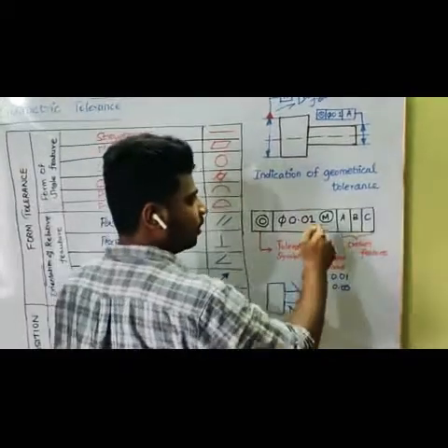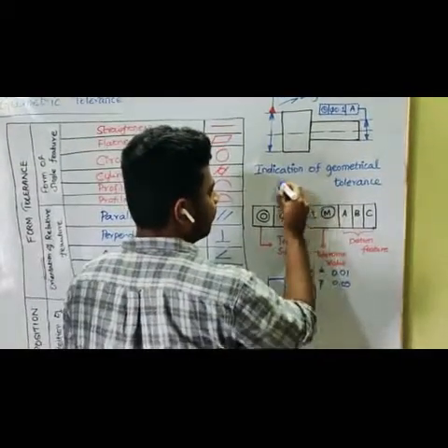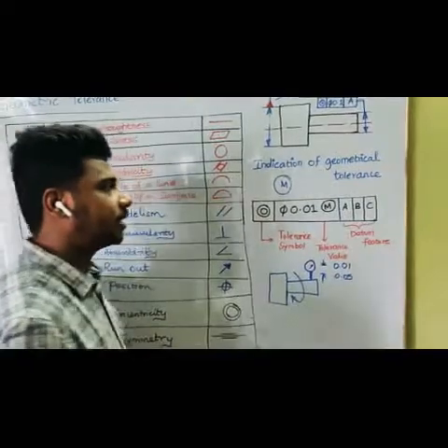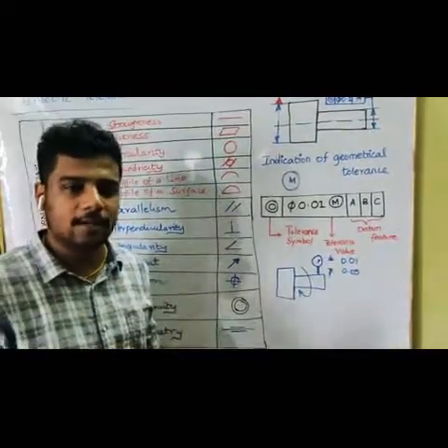And this M indicates that if you are making a round, it is called maximum material condition. You know what maximum material condition is for the shaft and for the hole. In the case of a hole, the maximum material condition is when the hole has a smaller diameter, which means it has more material. For the shaft, when the shaft has the maximum diameter, that is the maximum material condition for the shaft.